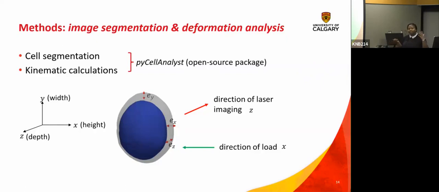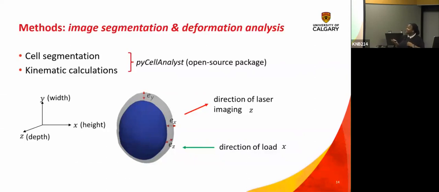Putting that into context, you can think about how the calculations might work a little easier. The height of the cell is defined as the direction in which the load is applied. The width is going to be in the opposite direction.